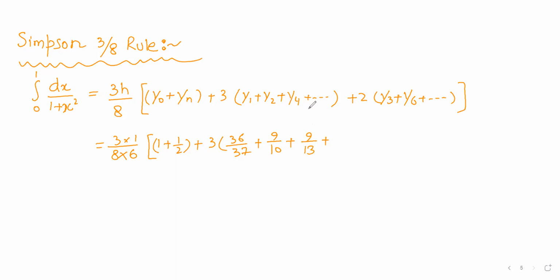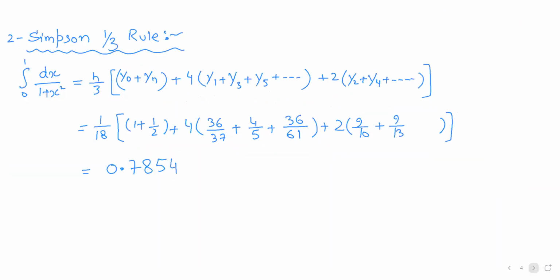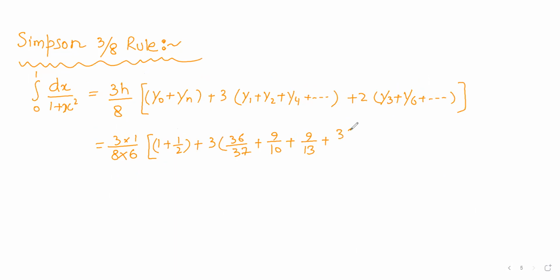It will include y5 as well, right? So y5 is equal to 36 by 61.